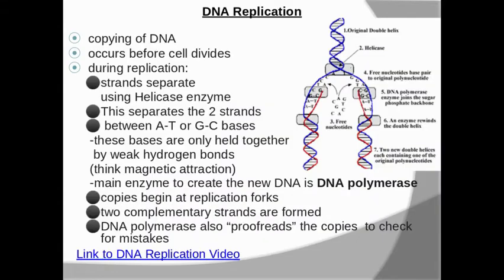All right, so let's talk about that DNA replication process. It occurs before a cell can divide. So during replication, the two strands of DNA, which are the original strands in our diagram here in blue, are pulled apart from each other.